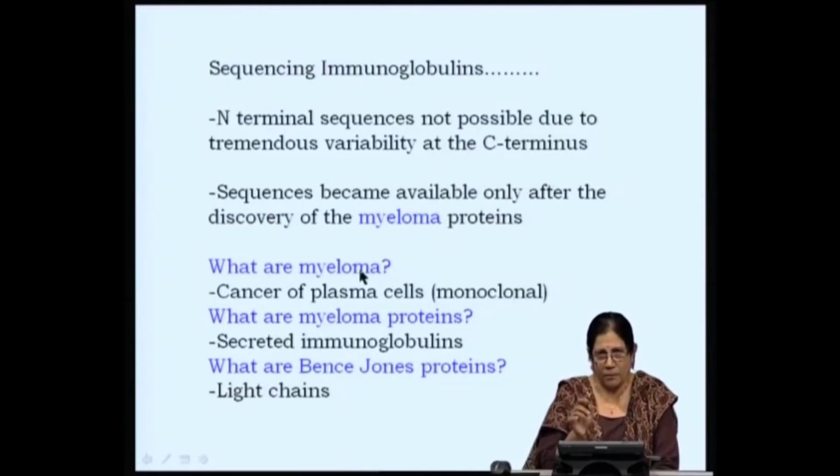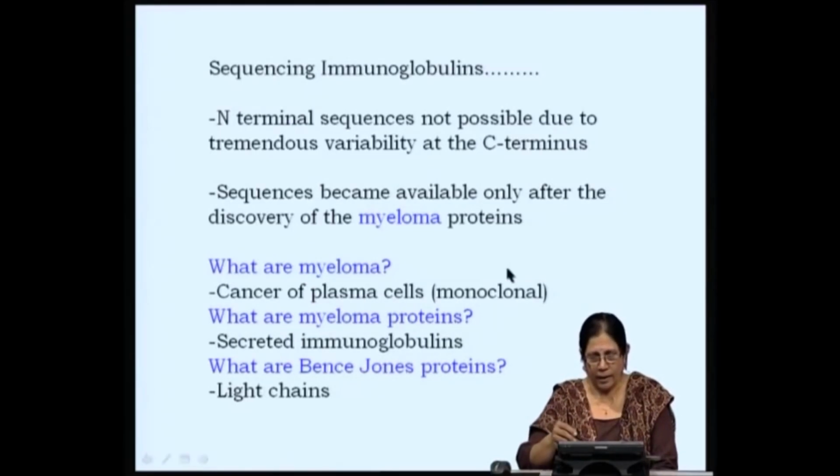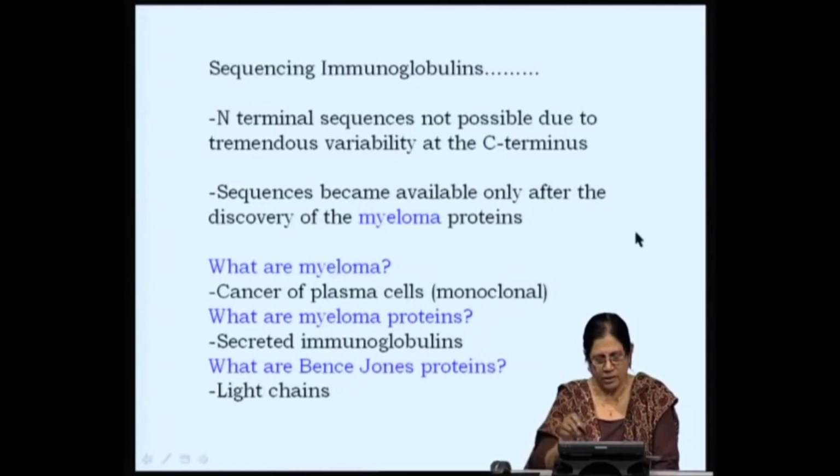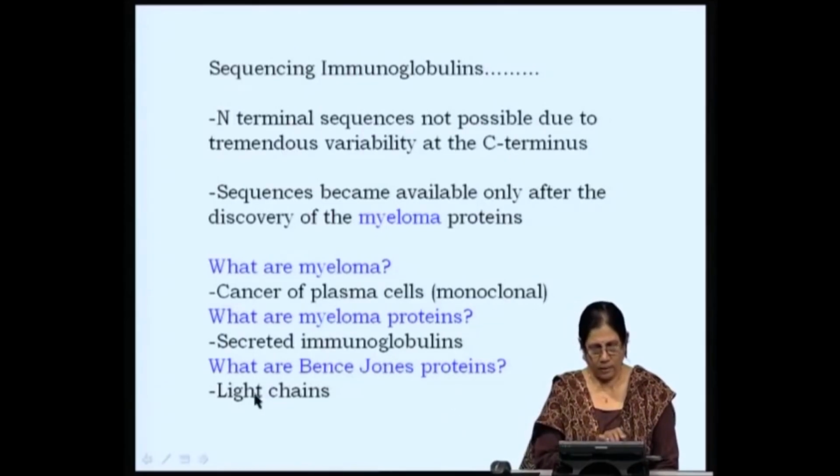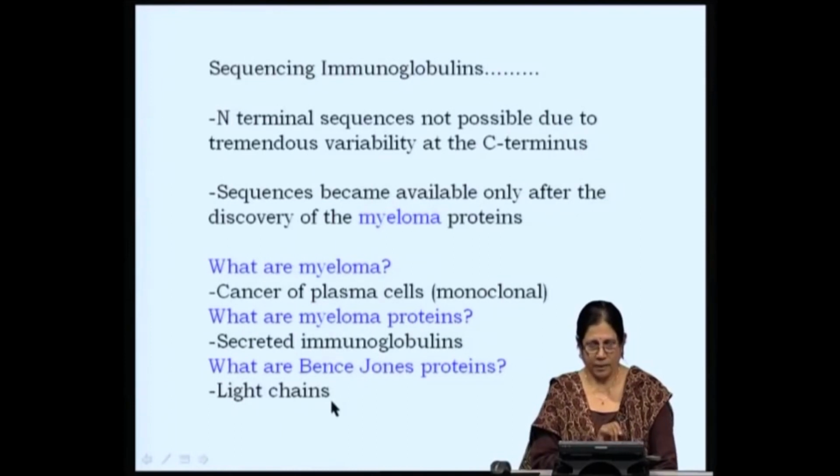Of course, at that time when myeloma proteins were discovered, it was not known what these molecules were; they came to be known later. So, what are myeloma proteins? They are secreted immunoglobulins from the cancer of plasma cells. Now, at this junction, though it is not really relevant, I would also like to say that people were also able to identify Bence-Jones proteins, which were not the whole molecule of immunoglobulin, but light chains.